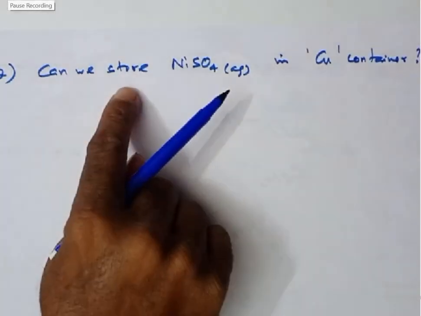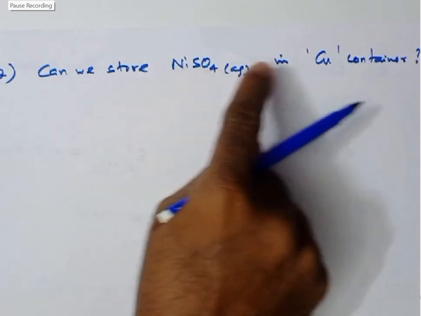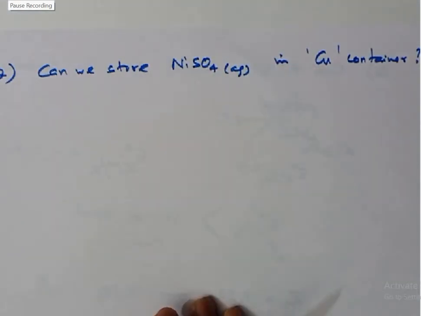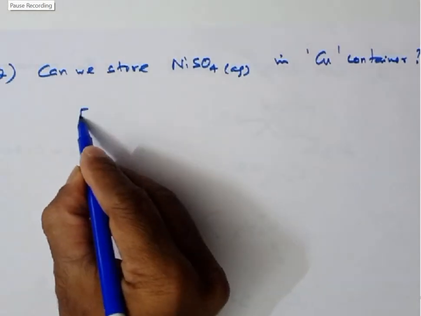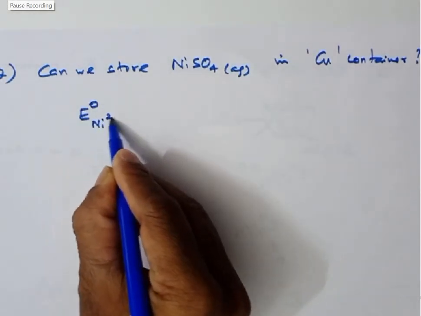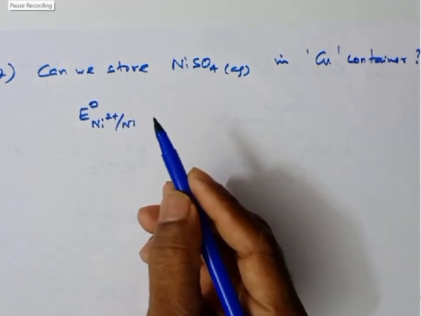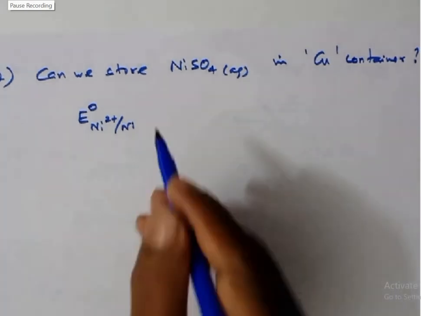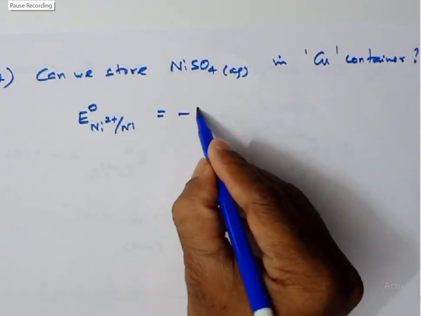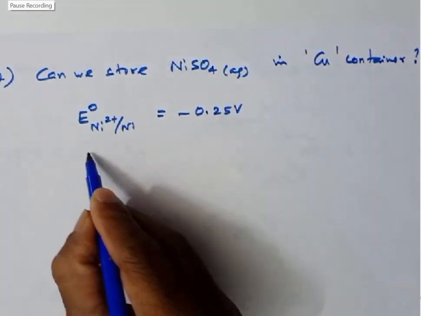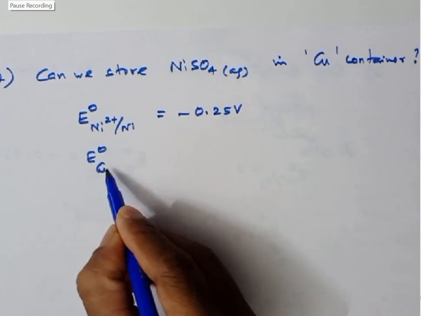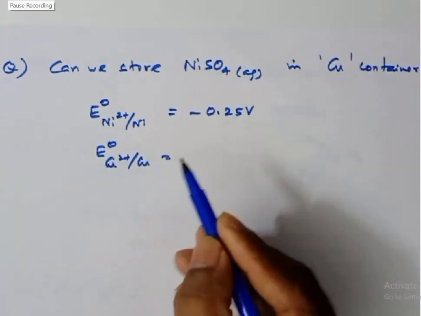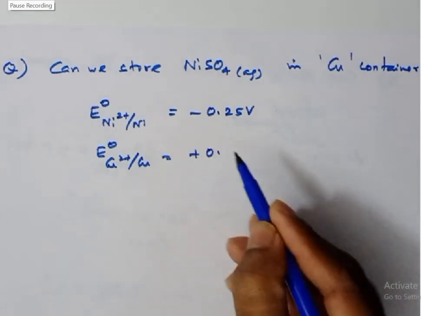Right? Can we store aqueous nickel sulfate in a copper container? Listen, I'll give the values. The standard reduction potential for nickel is minus 0.25 volt, and the standard reduction potential for Cu2+ becoming copper is plus 0.34 volt.